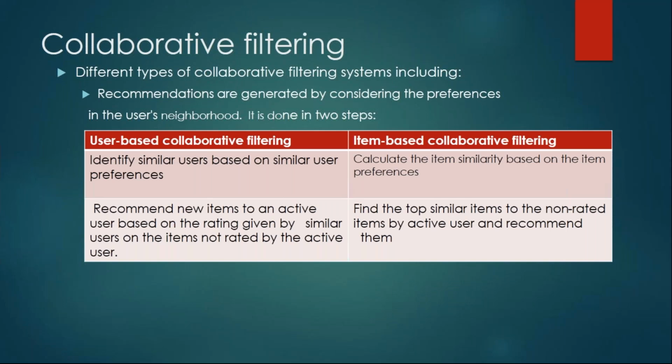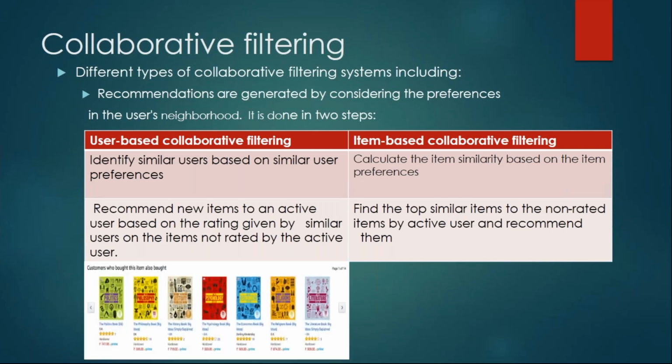First, when we talk about user-based, it finds similar users based on similar user preferences, and recommends new items to an active user based on the ratings given by similar users on items not rated by the active user. Suppose you have users A and B, and A and B have similar items on the book.